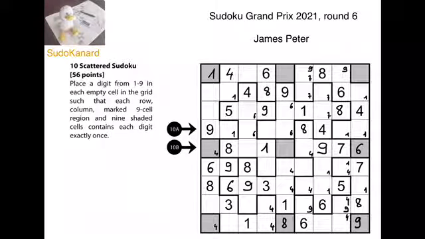Well, my board is becoming a bit messy, I think. What about those cells? They don't contain 1, 6, 9, 8, 4.